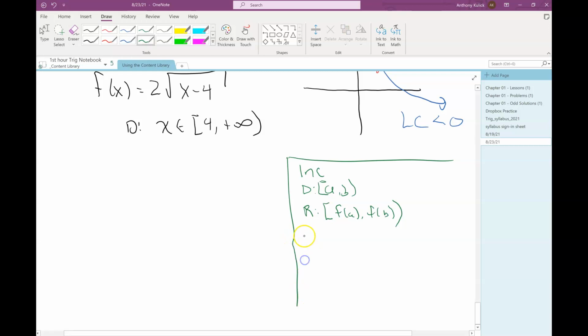If it was decreasing, then the upper bound for the domain is going to give us the lower bound for the range, and the lower bound for the domain is going to give us the upper bound for the range. It'll just kind of flip.